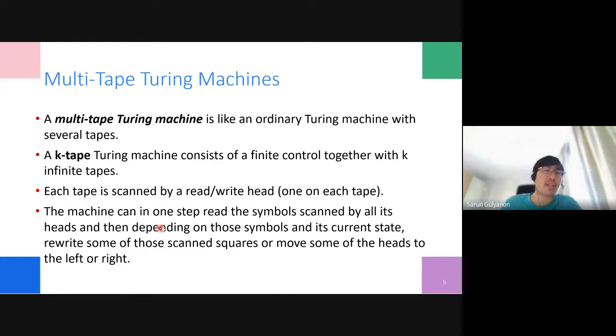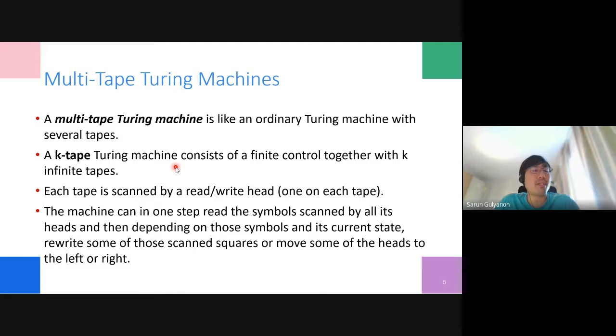To be more precise, we will call it a K-tape Turing machine, which means it is a Turing machine that contains K infinite tapes. We can specify the number of tapes by using the term K-tape Turing machine.